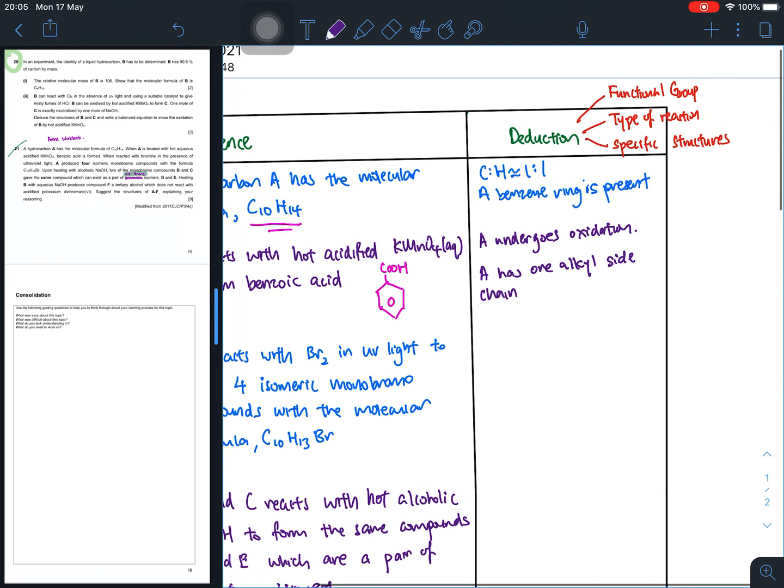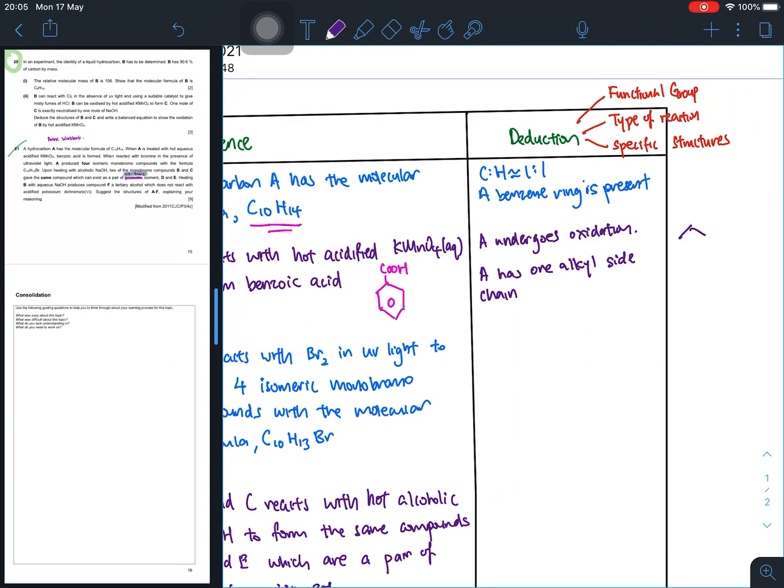What this means is this: if compound A has a side chain of R, where R has a benzylic hydrogen, regardless of how long this R will be, upon oxidation this R with the benzylic hydrogen would just convert itself to benzoic acid.